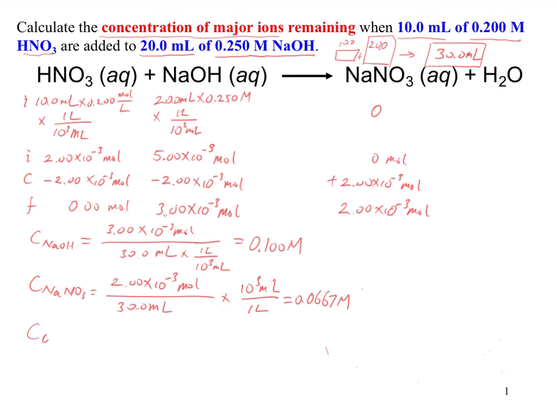The concentration of OH- is equal to the concentration of sodium hydroxide, and gives us 0.100 molar, and the concentration of nitrate ion is equal to the concentration of sodium nitrate, and gives us 0.0667 molar.